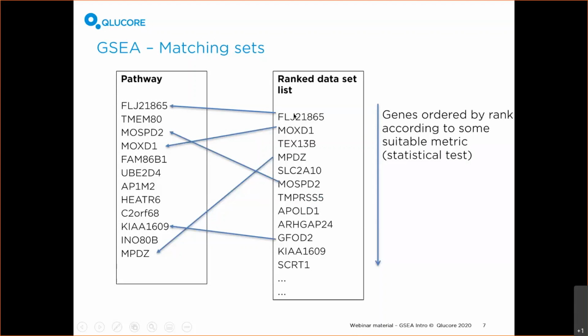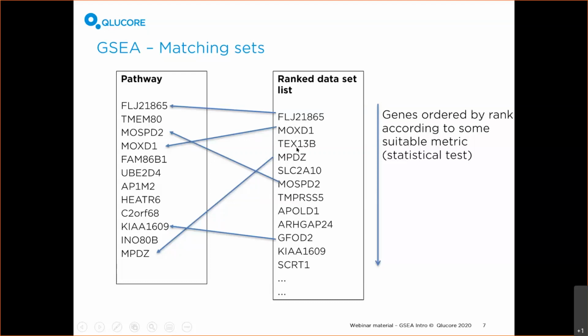And then I step through my data set gene by gene and I compare with each of the pathways. So here you can see that the first gene in my data set is present in the pathway. The next one is also present.